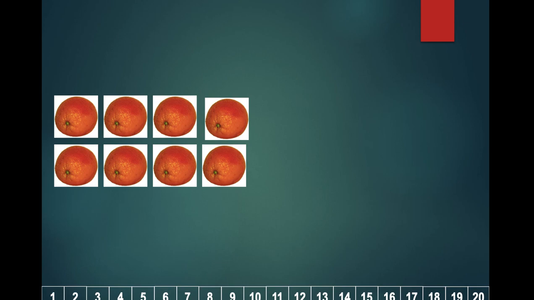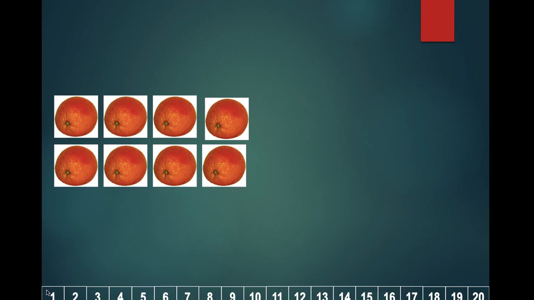Okay, now we have 8 orange pictures here. Let's try to double this. Here you have the number line. Okay, so let's try to double this. There are 8 oranges.